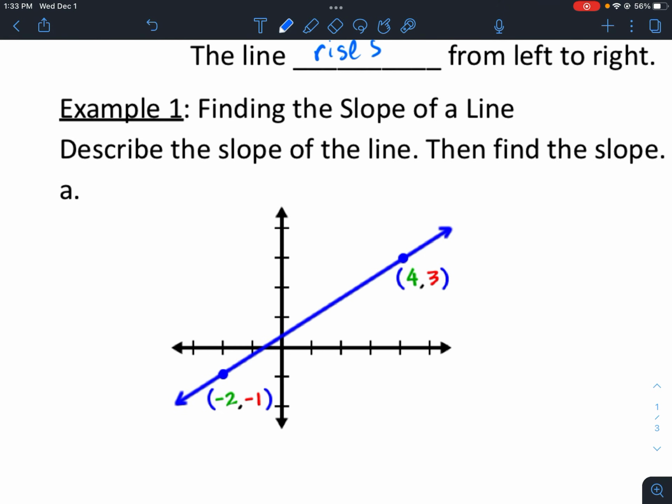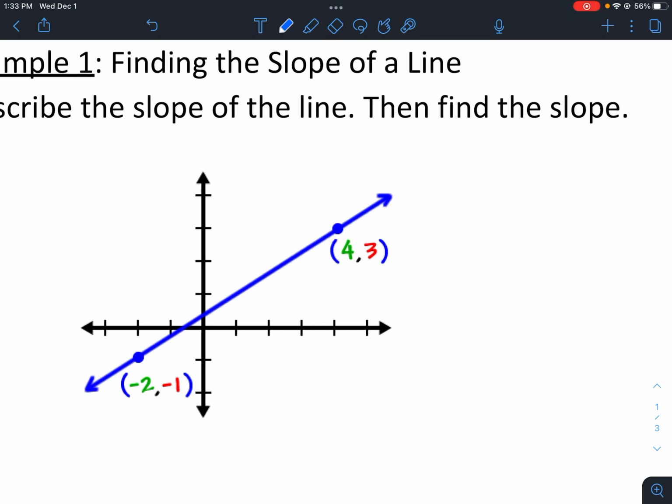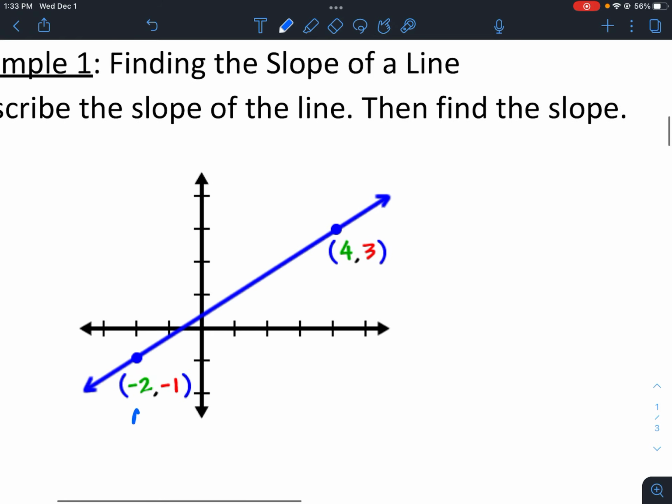So here's how you find the slope of the line. Notice there's two ways you can do it. For this way, I will do rise over run. So remember, it's the change in y over the change in x: how much does it go up and down by versus how much it goes left and right by. So let's start from the lower point A to the upper point B. How much does it go up and down?